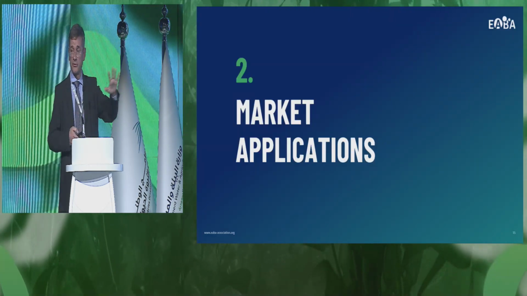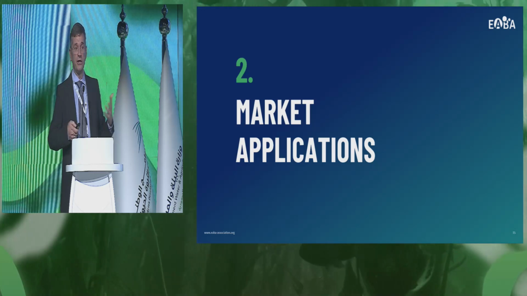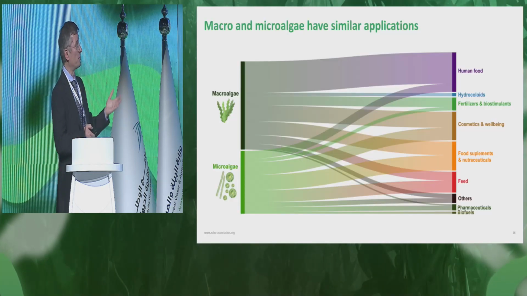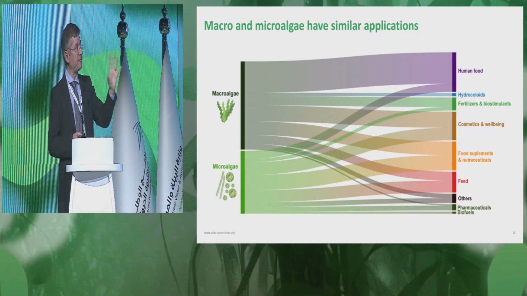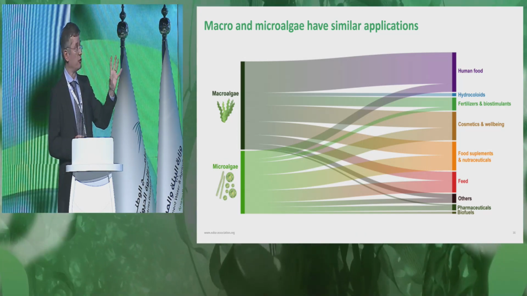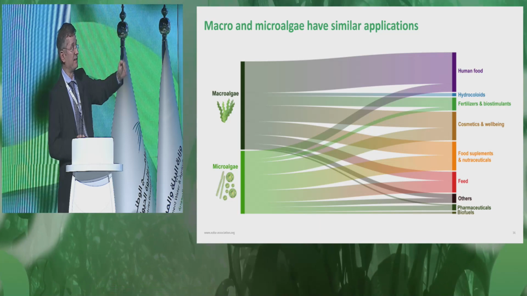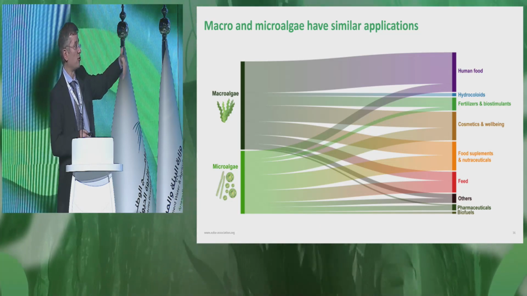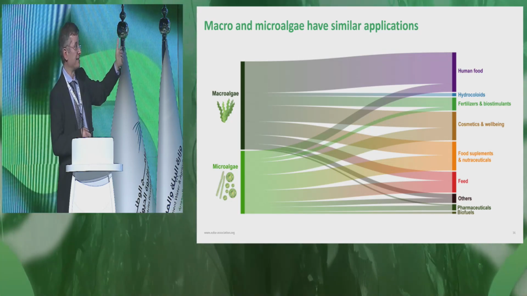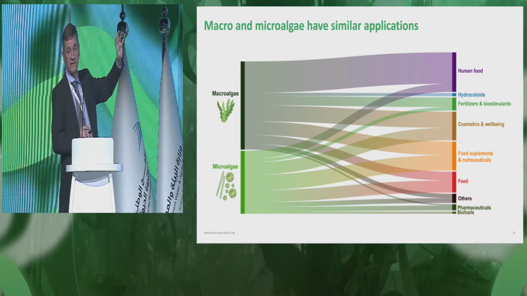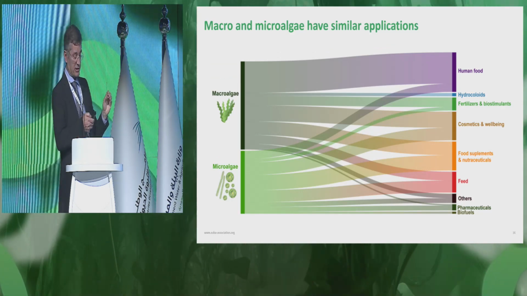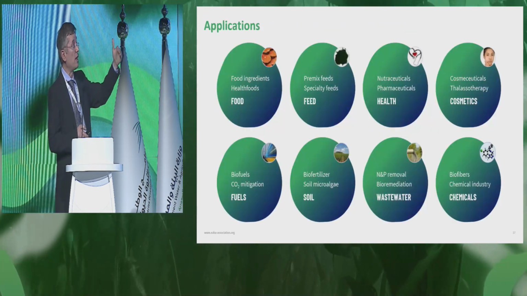Now let's go briefly to see how we use these algae. We see that both macroalgae and microalgae have similar applications. On the right side, we see they can be used for human food, hydrocolloids, cosmetics, food feed, and others. So this is where macroalgae and microalgae come together.